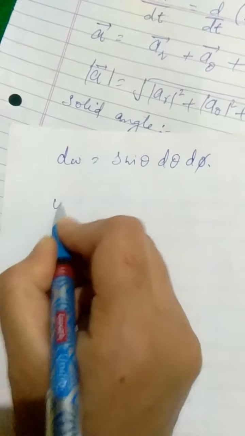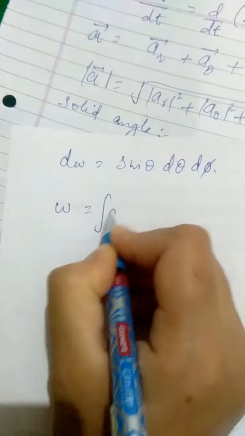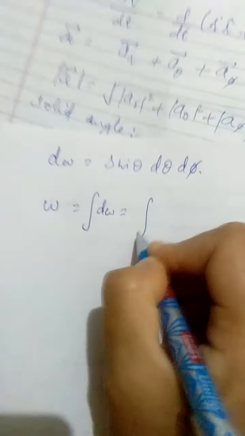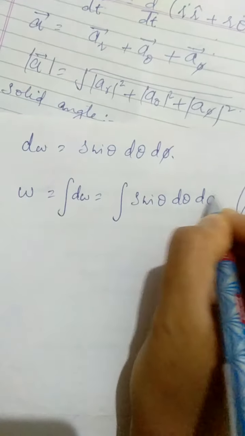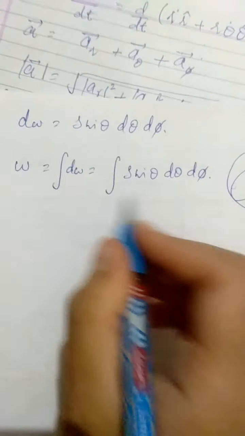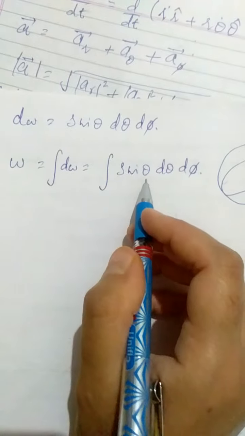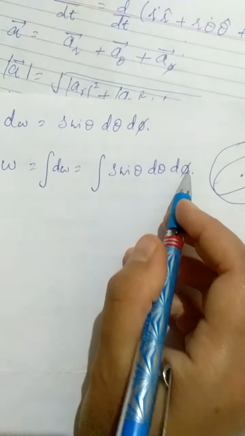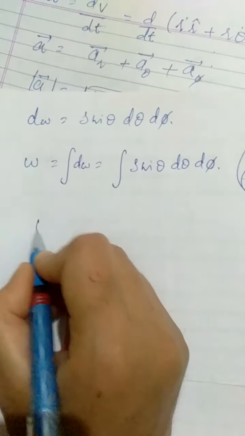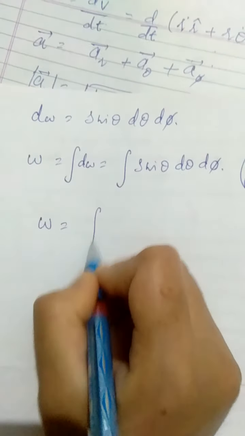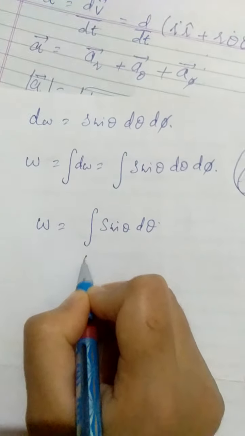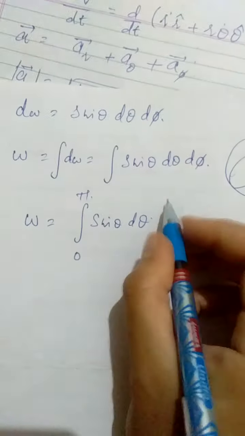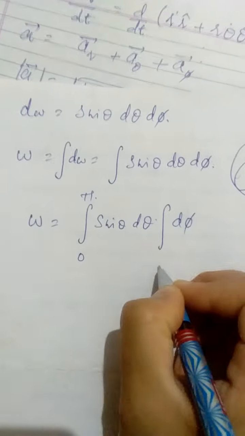So if you are interested in omega, that will be integral d omega, that will be integral sine theta d theta d phi. But this is not the proper way of writing it, because we know the limits of theta are from 0 to pi and the limits of phi are from 0 to 2 pi, right? So we can write that this omega is actually integral sine theta d theta from 0 to pi into integral d phi from 0 to 2 pi.